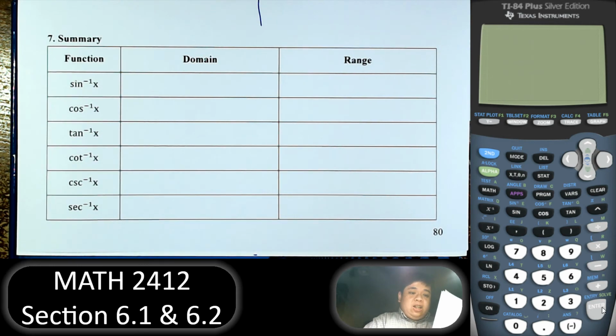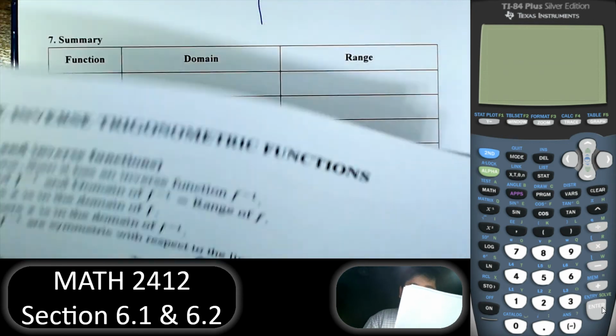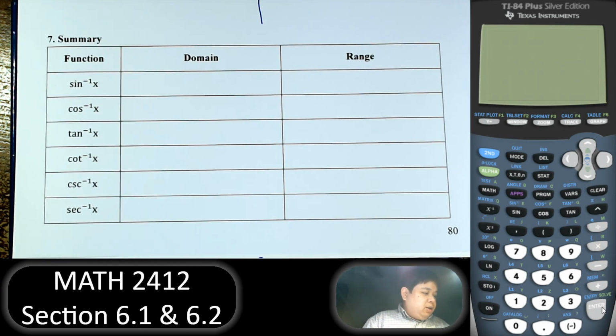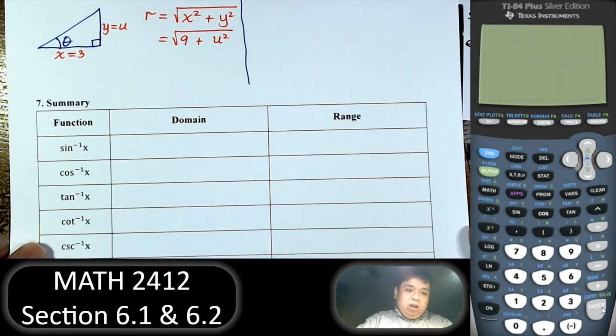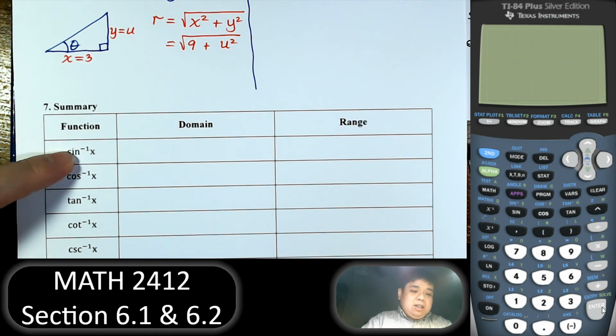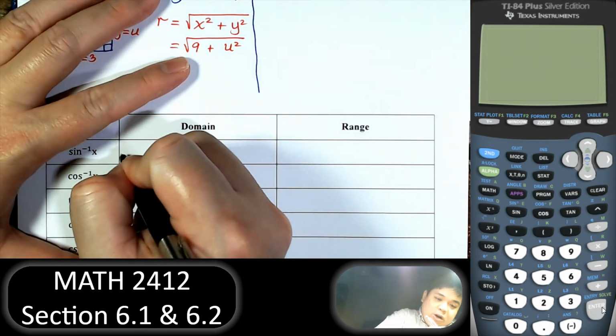To finish the section, we're going to summarize everything in the table in terms of the domain and range. In terms of domain and range, there will be only a few types of answer here. So I try to write in color code. For sine inverse and cosine inverse, the domain is -1 to 1.